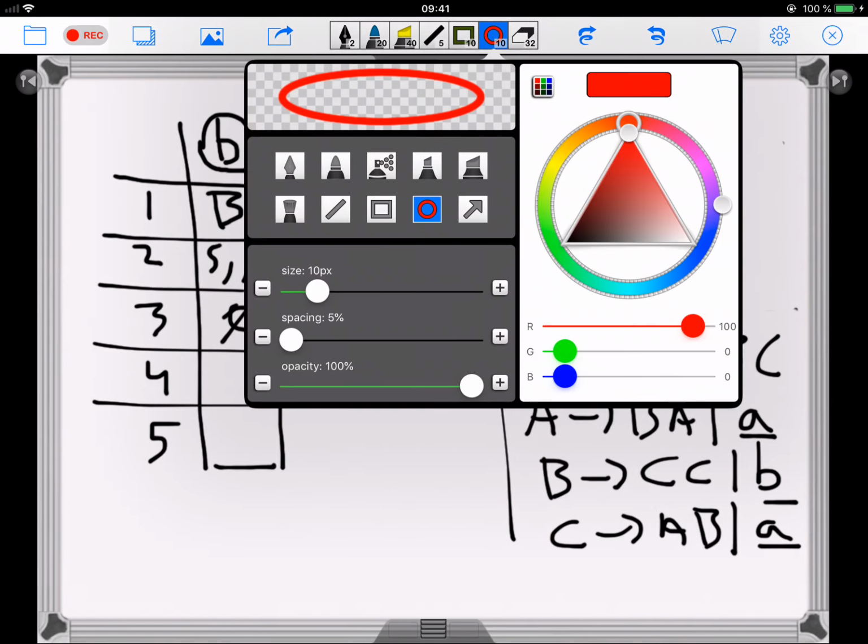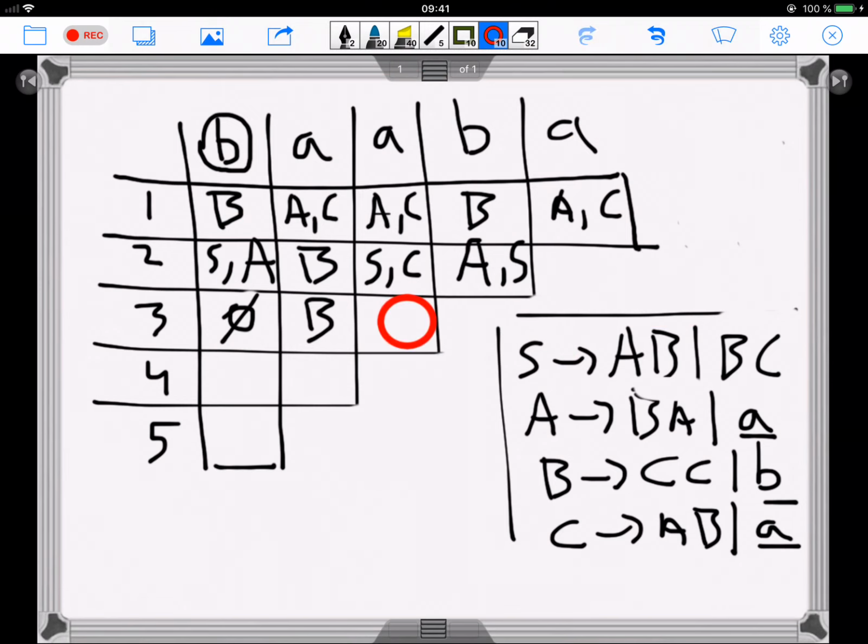Now for this cell here, this part with this cell with this cell. So AA not generated, AS not generated, CA no, CS no, okay? Or SC with AC. Then we need to consider SA or SC or CA or CC.